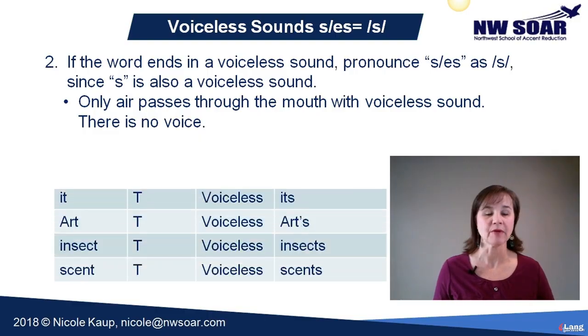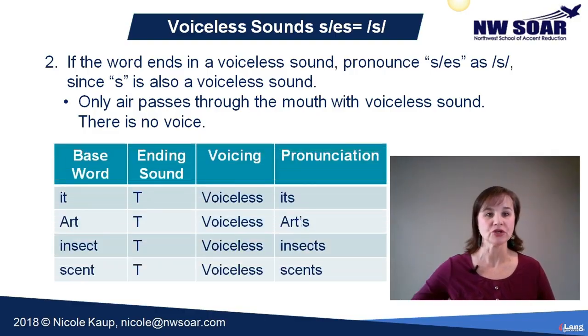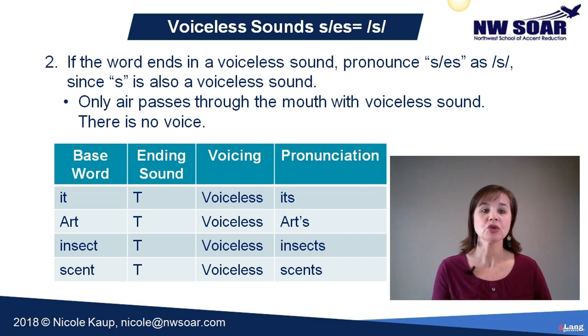Let's take a look at some of those words from the story that I told you in the last lesson. It. It ends in a T. T is a voiceless sound, so we're going to go ahead and add S to it. It's. And coincidentally, all of the voiceless ending words that added S to them in the story had T endings.